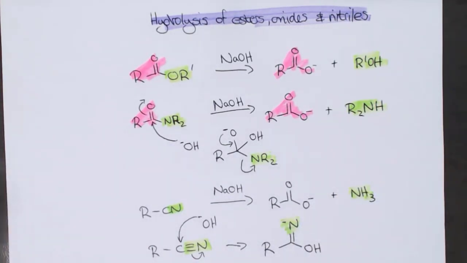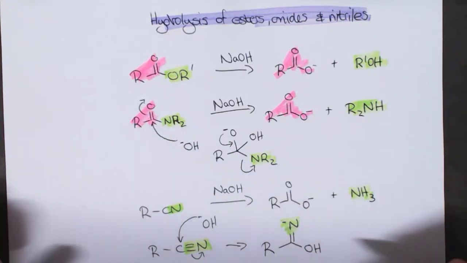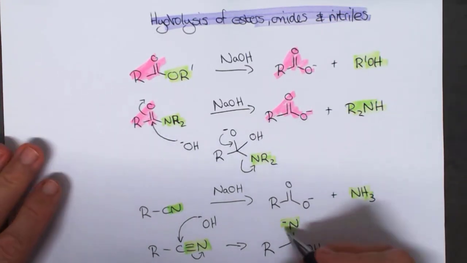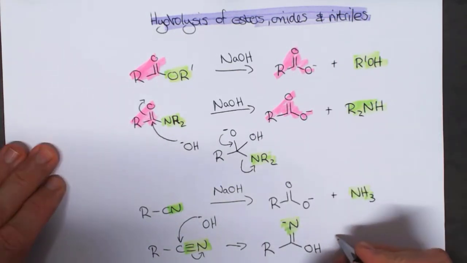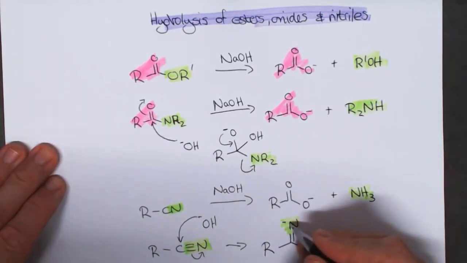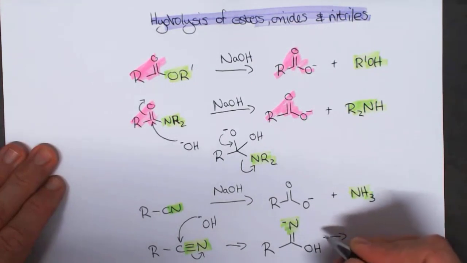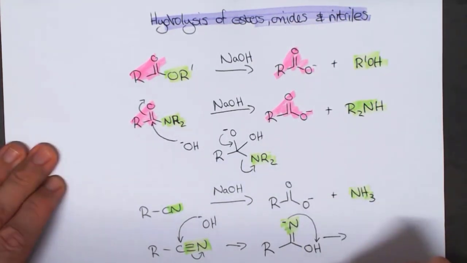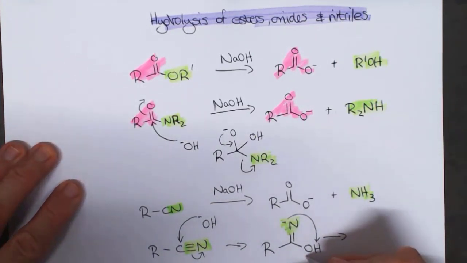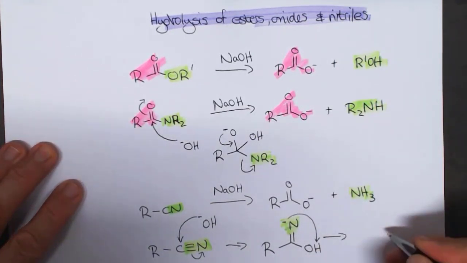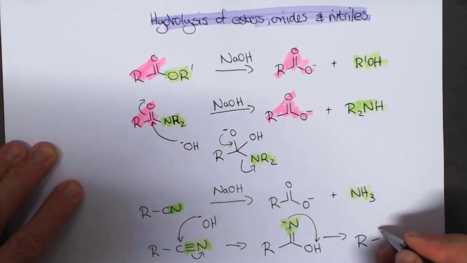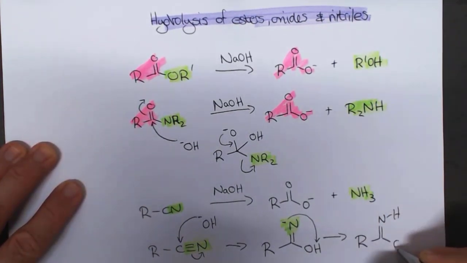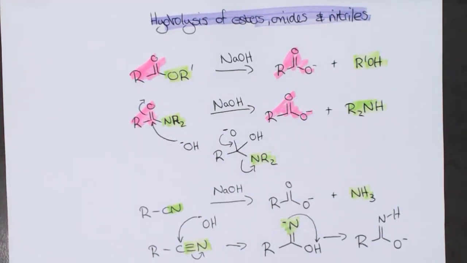Like that. All right, so an N- is not great at all. An N- is not something that wants to remain that way. And you can go and look at the full mechanism of this, but essentially we're going to get a proton transfer. This proton is going to end up on that nitrogen, from the nitrogen picking up the proton, like that. So we end up with a nitrogen with an H on it, and now we've got an O-, like that.